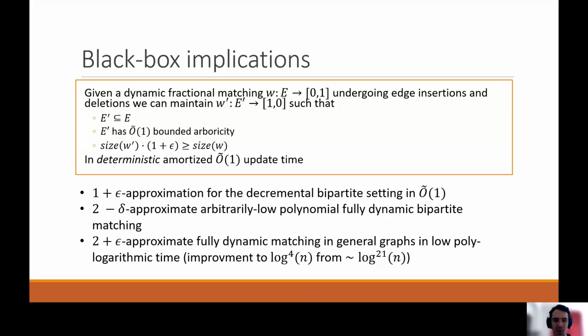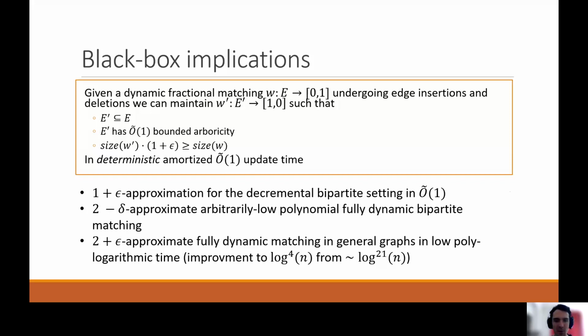We can get a 1 plus epsilon approximation for the decremental bipartite dynamic matching problem in O tilde 1 time, a 2 minus delta approximation, so sub-2 approximation, in arbitrarily low time, fully dynamically in bipartite graphs, deterministically of course, and a 2 plus epsilon approximation, fully dynamic matching in low polylogarithmic time, in general graphs this time. And this was an improvement from log to the 21 n to log to the 4 n.